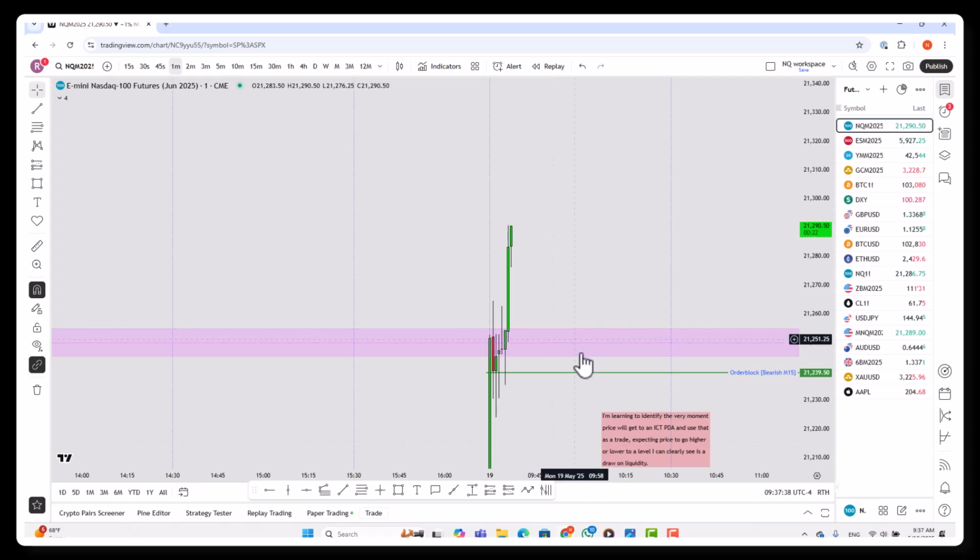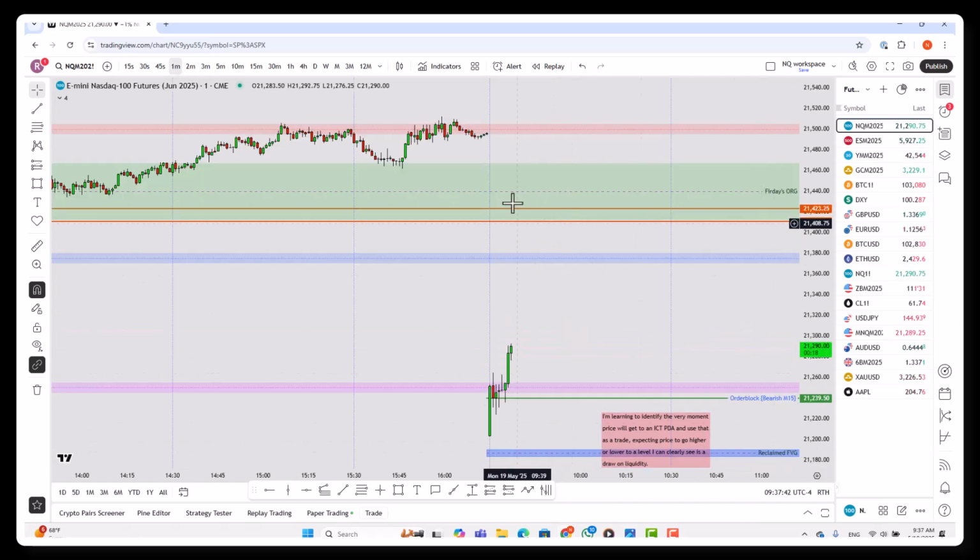So we did open with a very large opening range gap. So it's likely to draw back to Friday's opening range gap right here. So if we do get a fair value gap here, I can use that as an entry too to target this level. So this is a draw on liquidity.